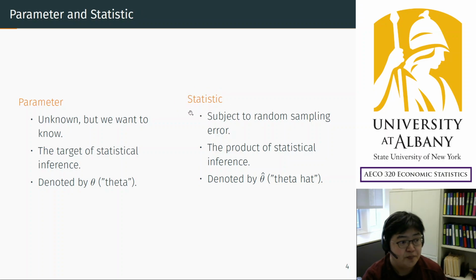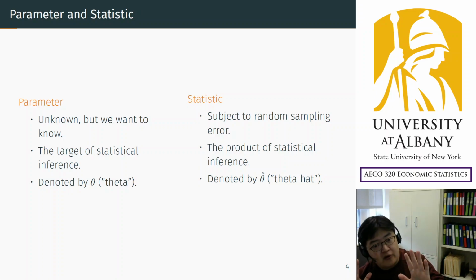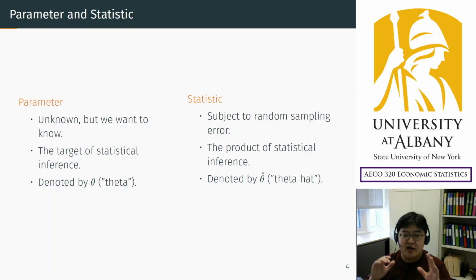That's statistics. So now I think it's more clear. Statistical inference is a kind of guessing, and the unknown correct answer is the parameter, and when I ask you a question, your answer is a statistic. You have to guess something. Your guess is a statistic.